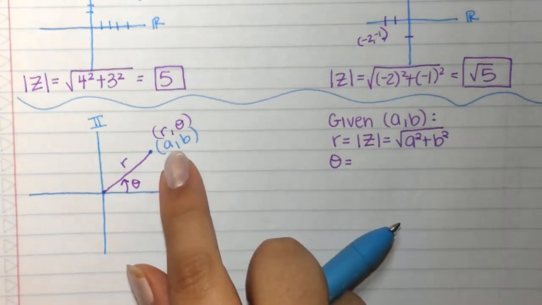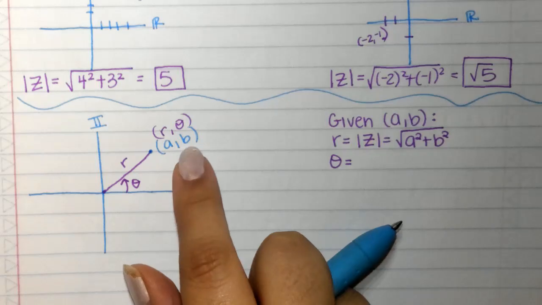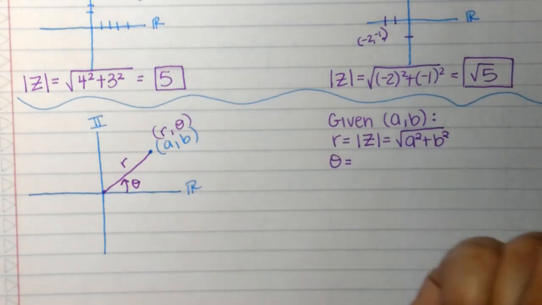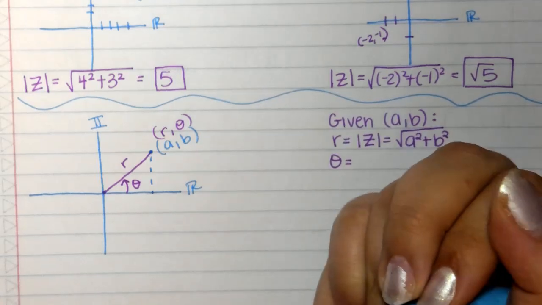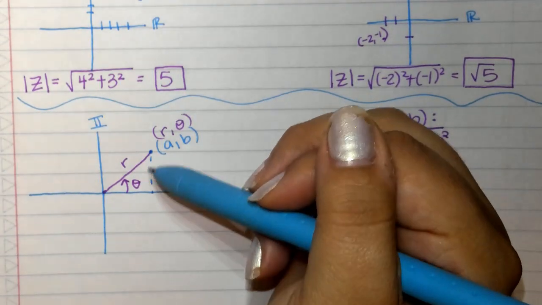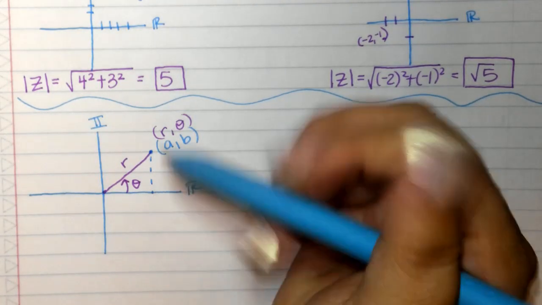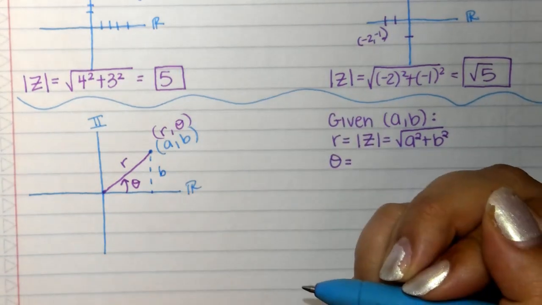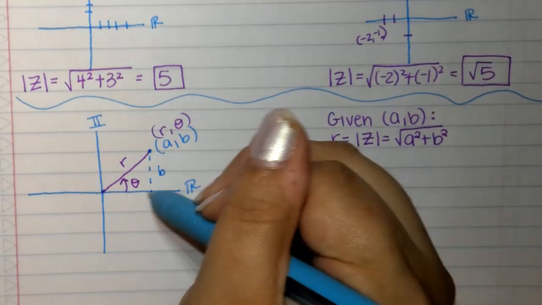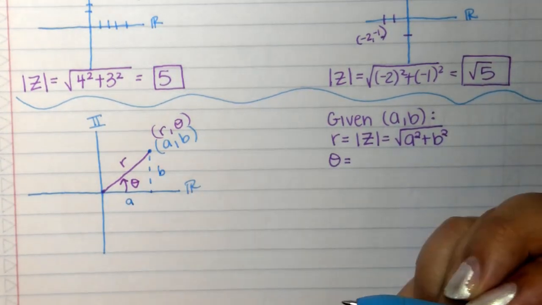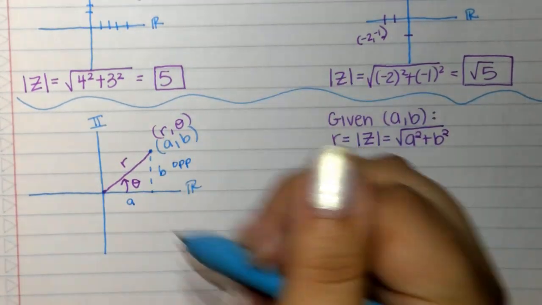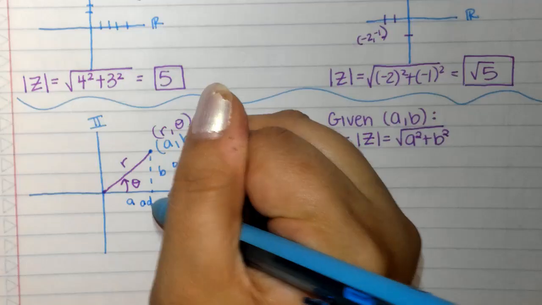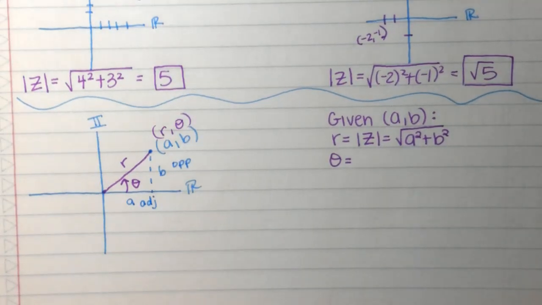Close. I have A and B. I know what's in blue. What could I use if I know what's in blue? I could use tan. Do you agree this right here is my B value? Do you agree this down here is my A value? And I have the opposite, because I have what's in blue, and I have the adjacent, which is my tangent. So how do I find theta?